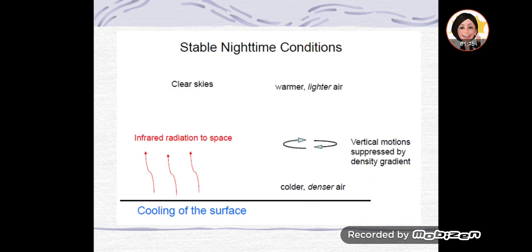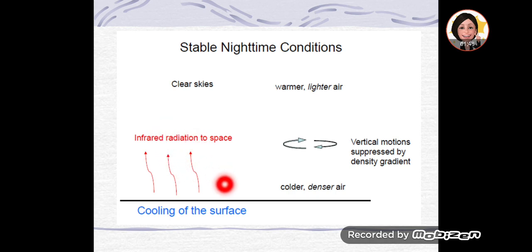Then we can have a stable nighttime condition where the sky can still be clear, but there is no sunlight, so there's only infrared radiation to the space. It's the other way around.